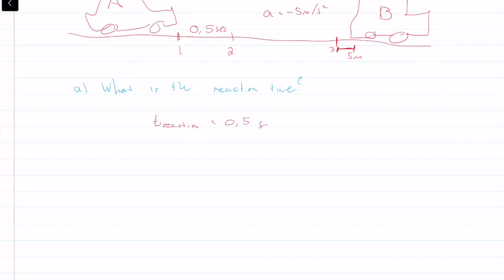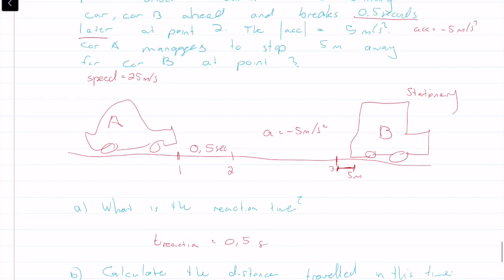Question B is calculate the distance traveled in this time. We know that initially this is traveling at a constant velocity, right?